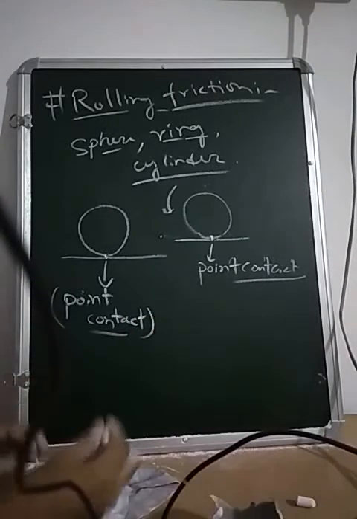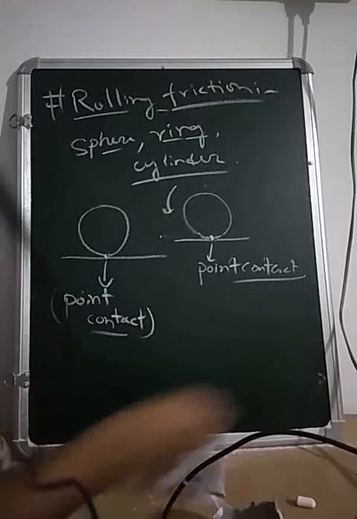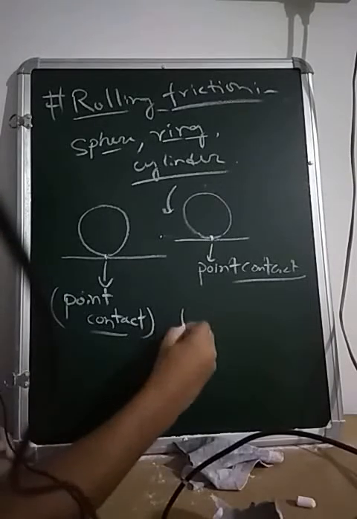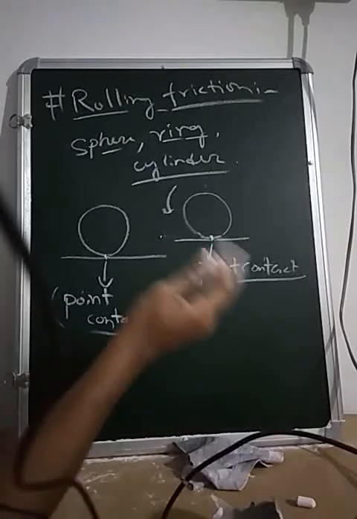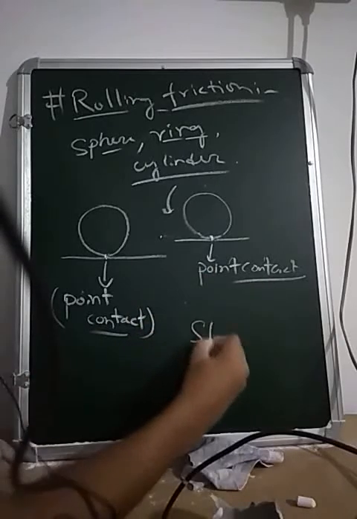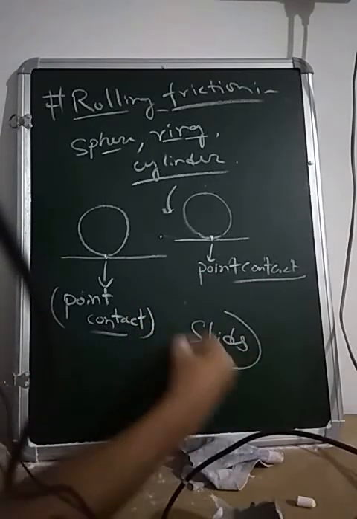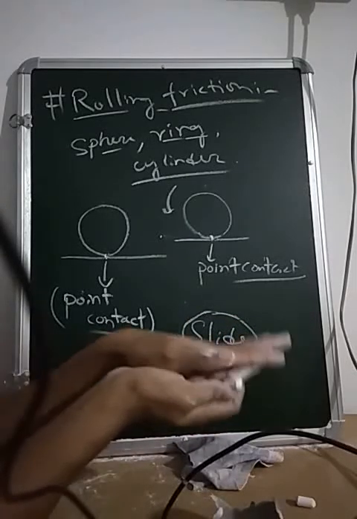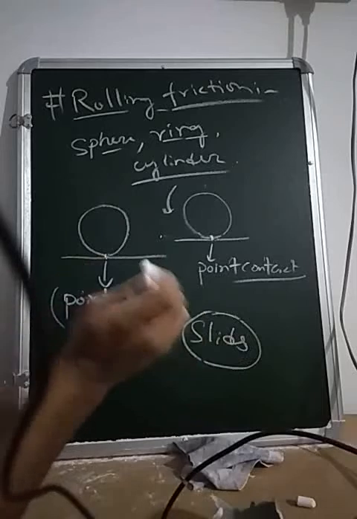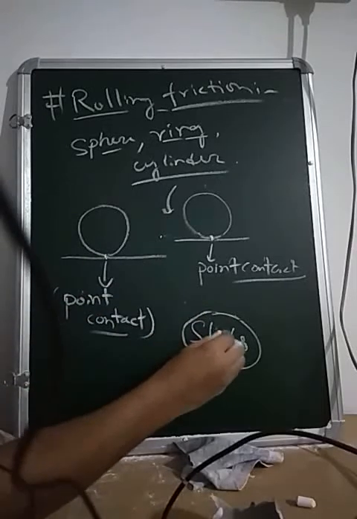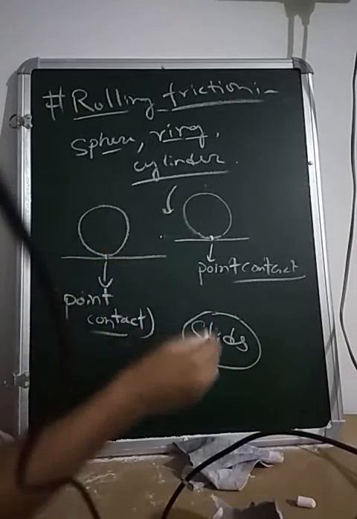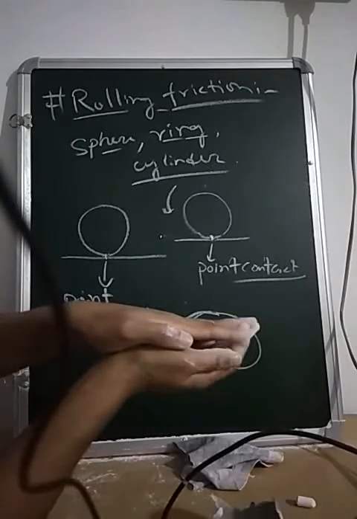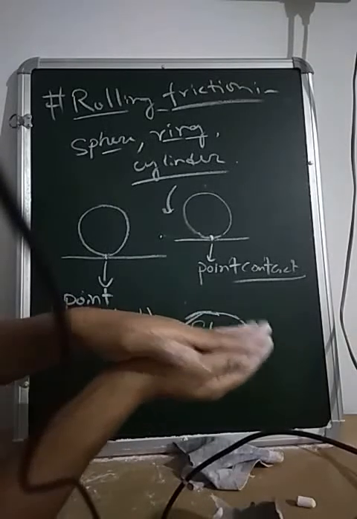So I have mentioned that friction arises only when one surface slides over another surface. Sliding means the surfaces of the two bodies are in contact with each other.